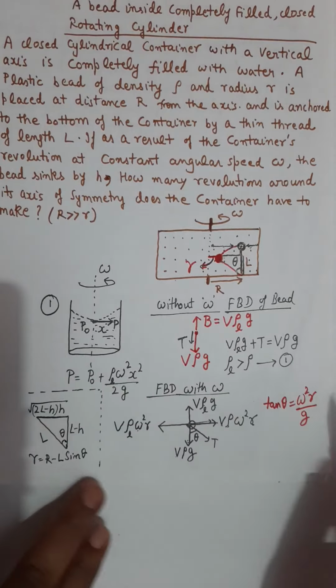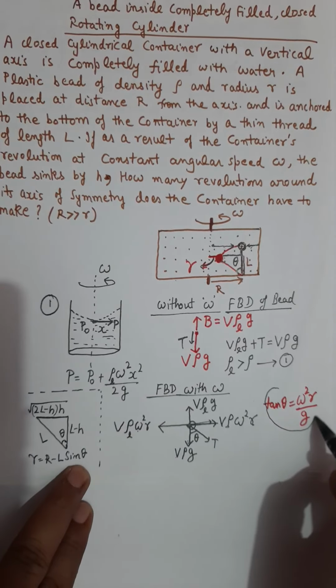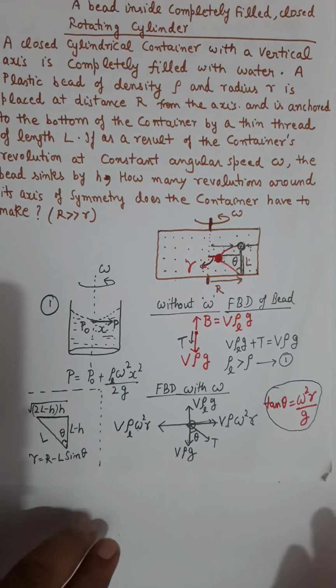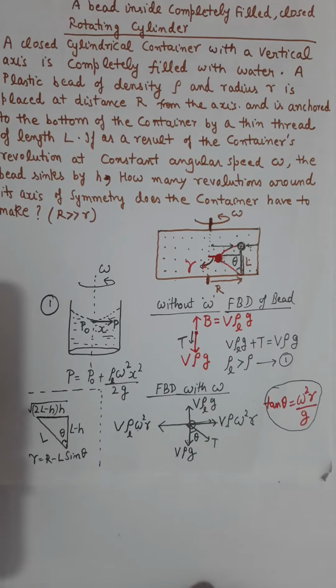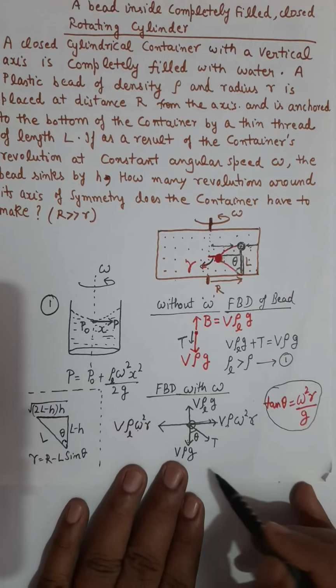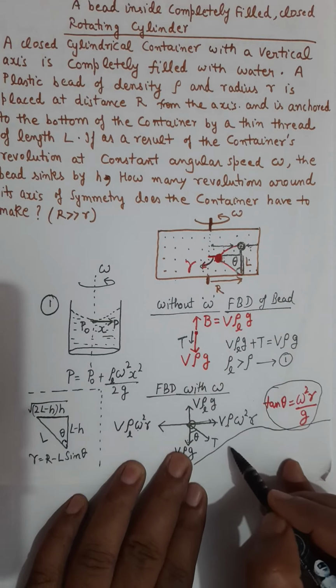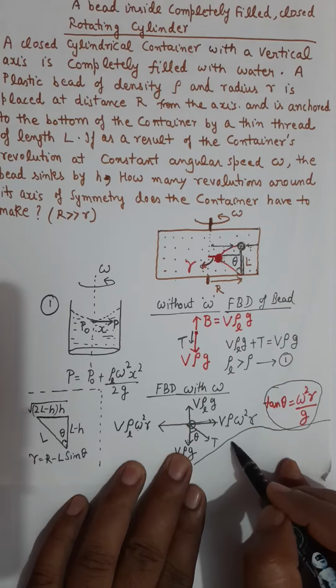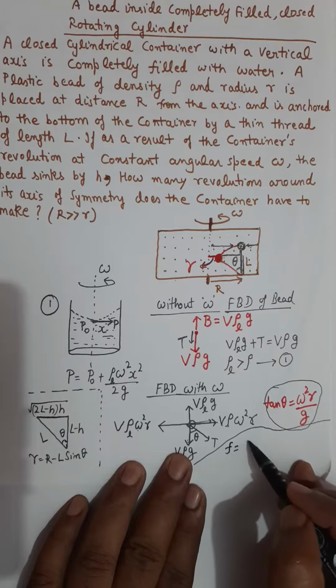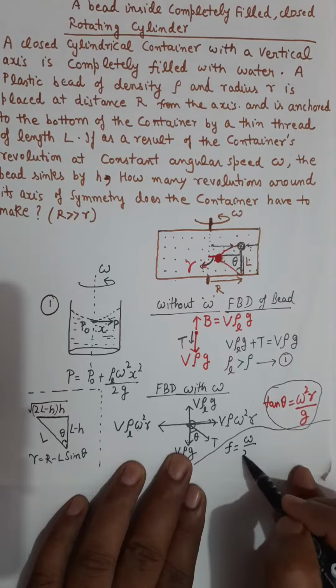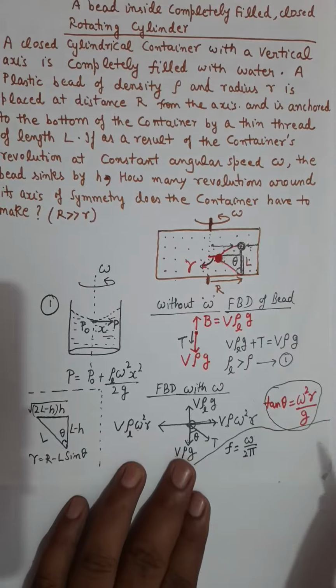So you put all the values here, you will find omega, and after finding omega, you can use the relation that revolution frequency f, which is the number of revolutions per second, is omega over 2 pi.